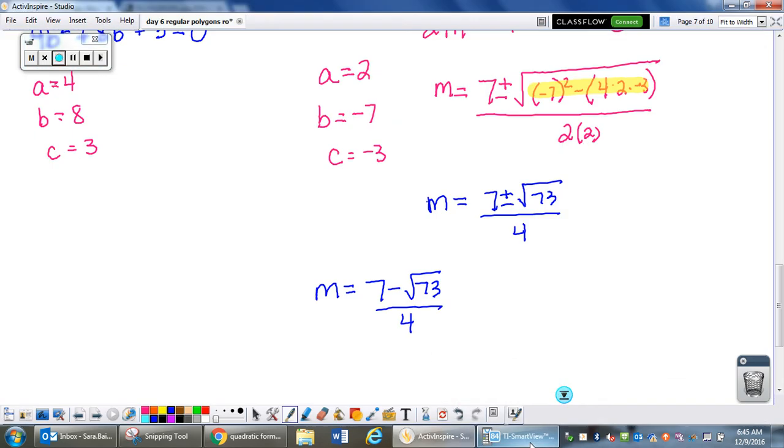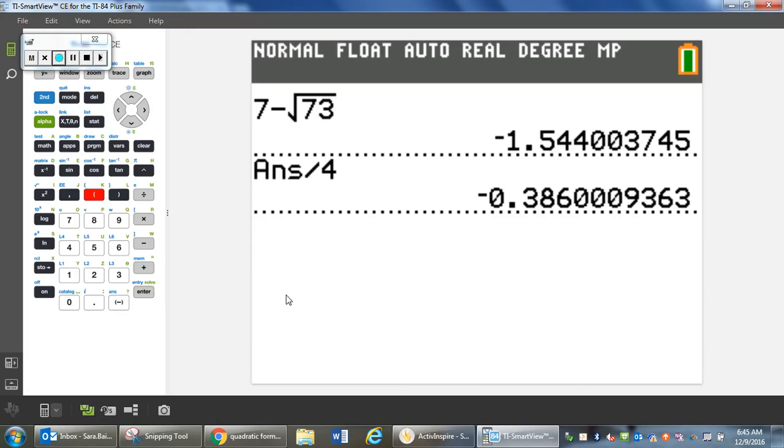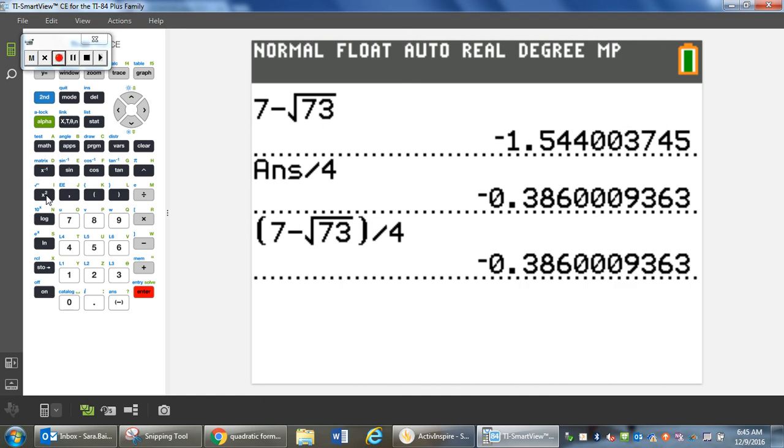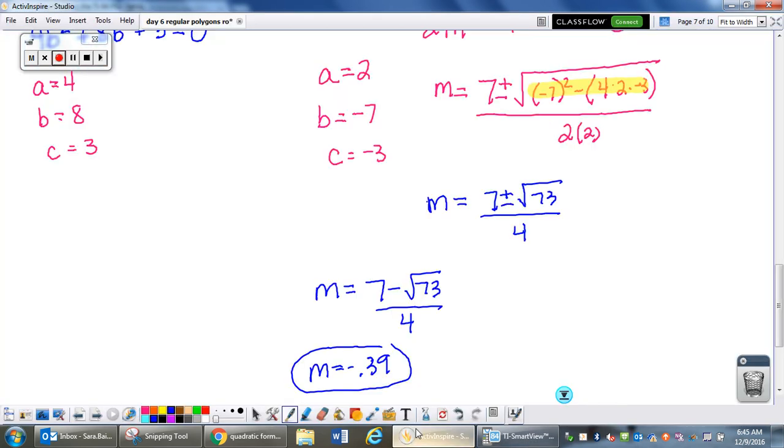Let's do 2 decimals, so we'll leave it as m equals negative 0.39, so 39 hundredths. Or you could have keyed it in like this, 7 minus the square root of 73 divided by 4. Okay? And then you need to get an answer of m equals 7 plus the square root of 73.